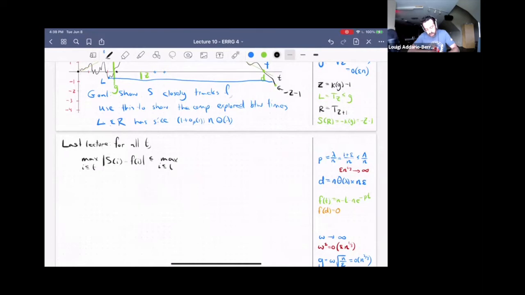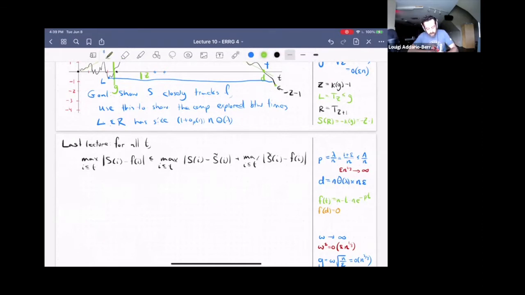So one was the difference between S and some auxiliary process S tilde, which more closely resembled a martingale, and then the other was the difference between S tilde and F.